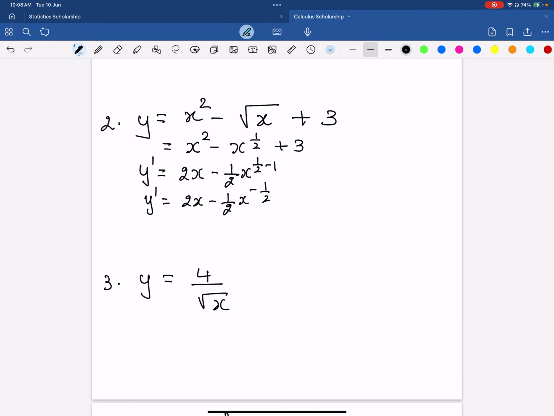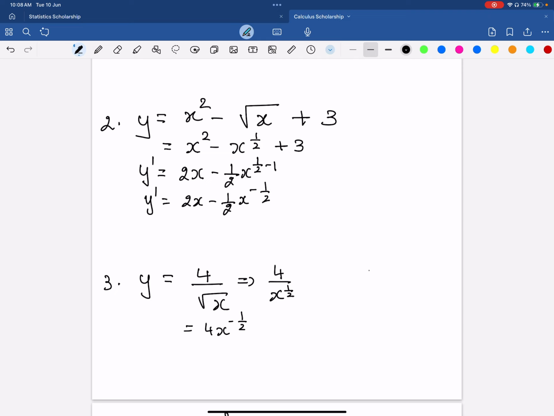So let's go to the next one here. Now the problem here is that the root is in the denominator. So first thing I'm going to do is write 4x to the power of half. We can make it 4x to the power of negative half. That is another thing that hopefully you know: when you're taking a power from the denominator to the numerator, the sign of the power changes.